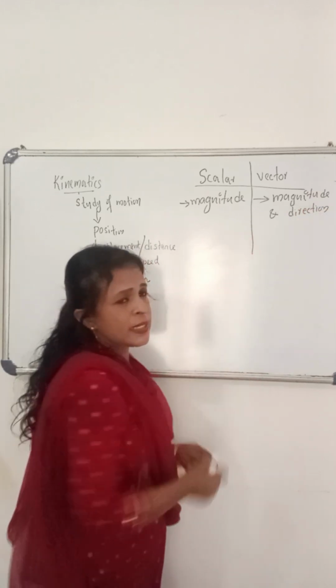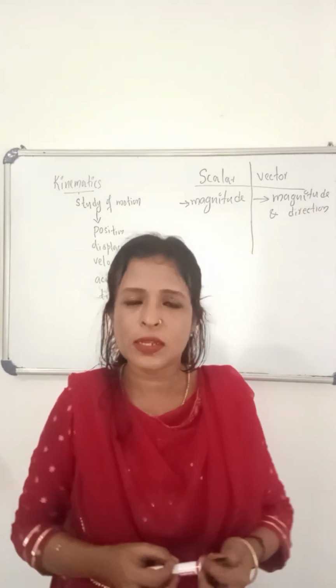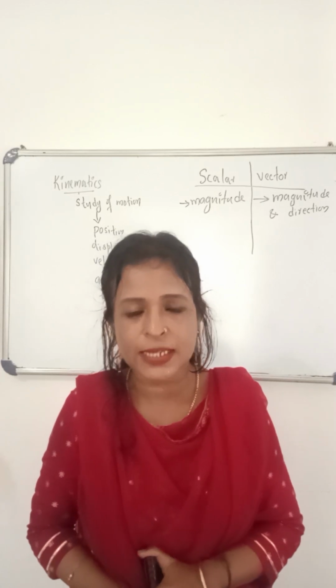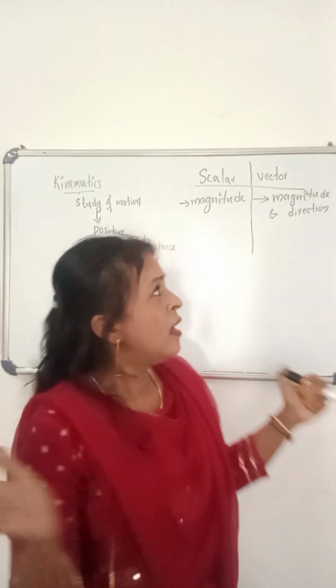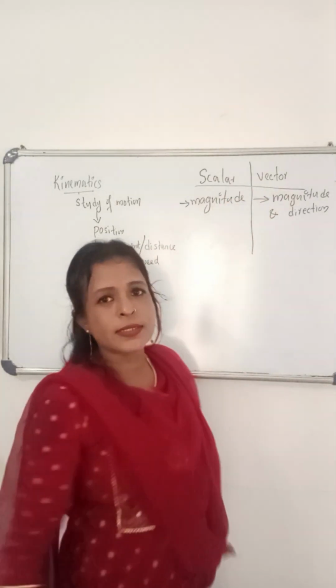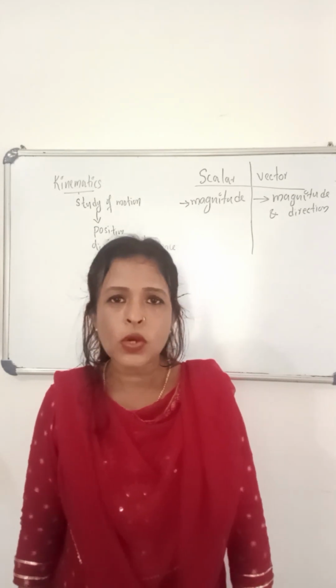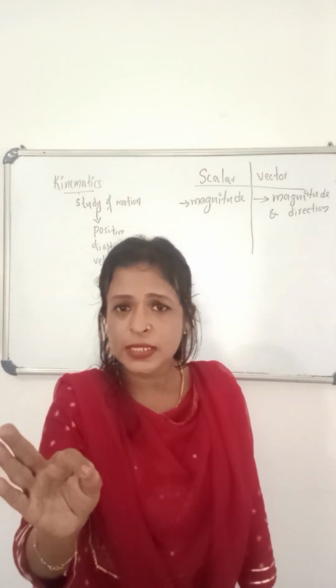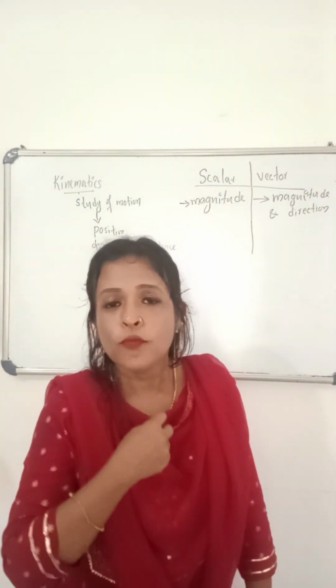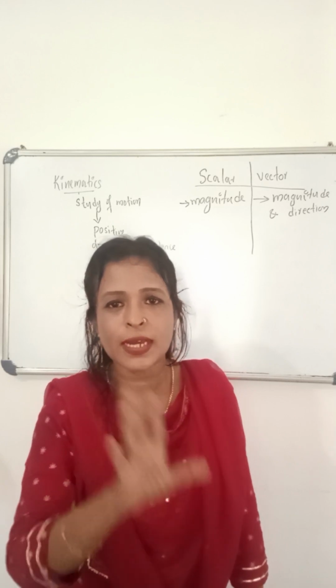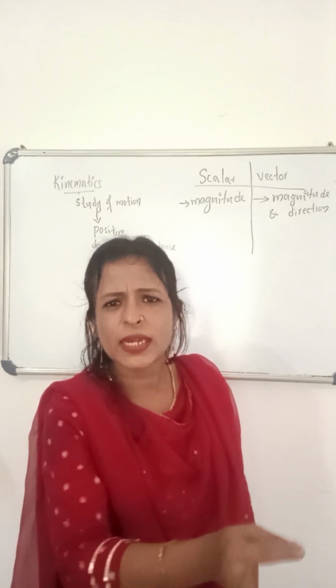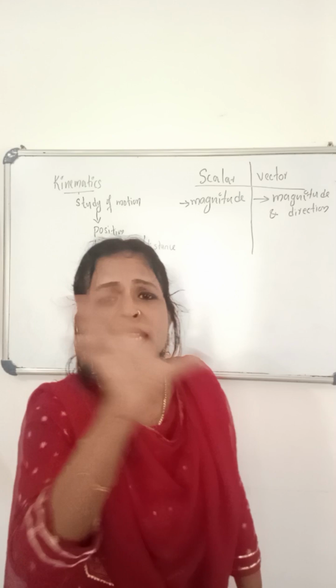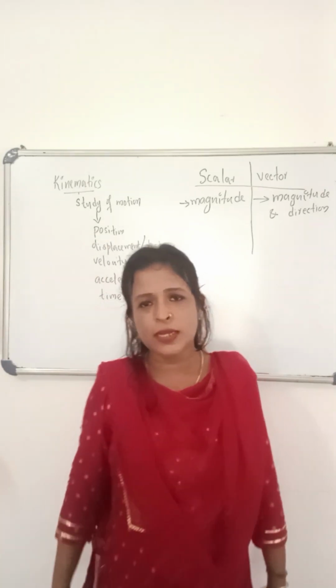But another mistake is, we know that some physical quantities having magnitude as well as direction, but they are not under the vectors. Why? Because for considering that physical quantity as a vector, we want one assumption. That physical quantity needs to follow the vector addition, vector multiplication.